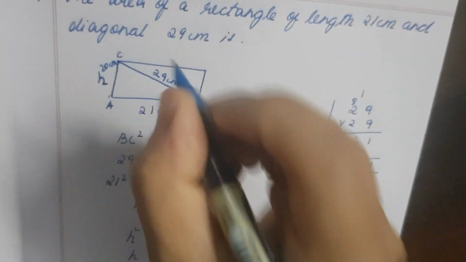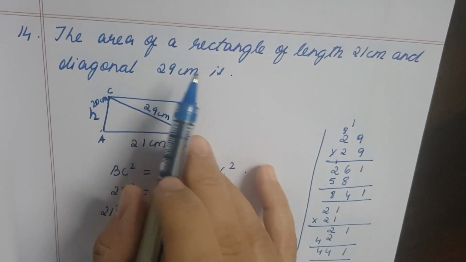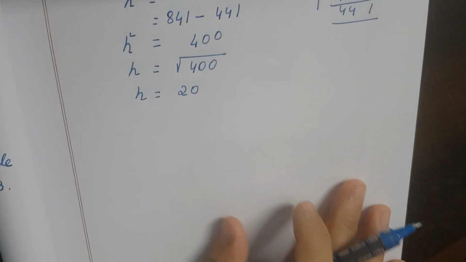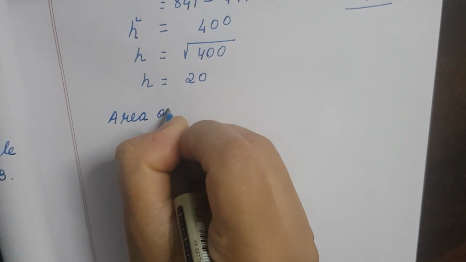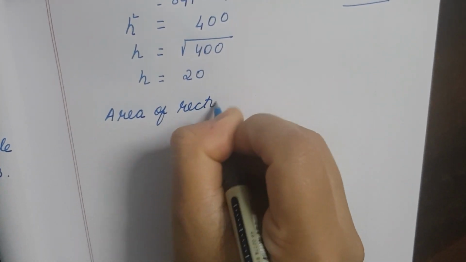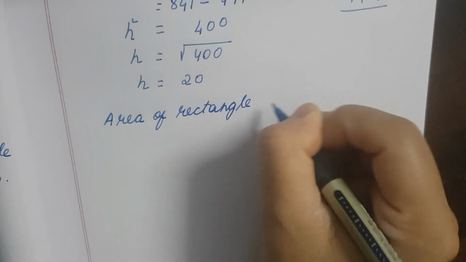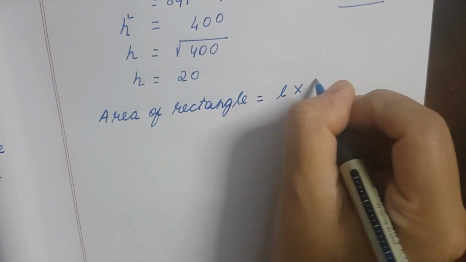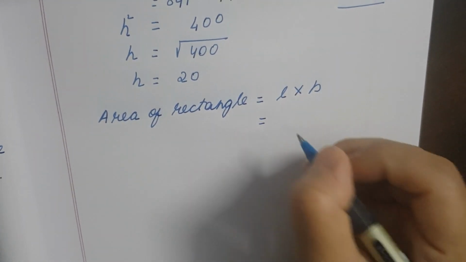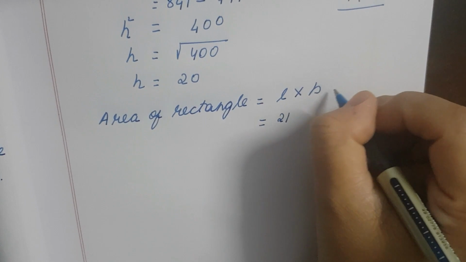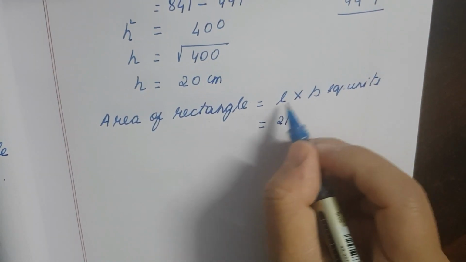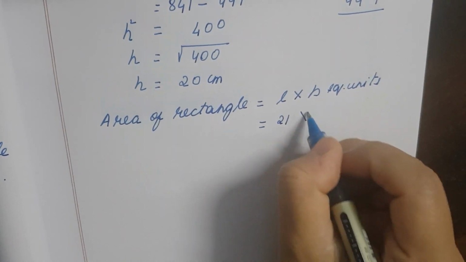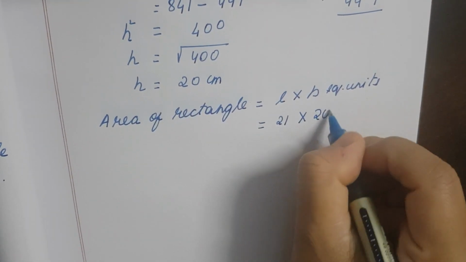Now we have found it. What they are asking is the area of the rectangle. So now we have to find the area of the rectangle. Area of rectangle is equal to length into breadth. We know the length is 21 centimeter and the breadth we just found, that is 20 centimeter.